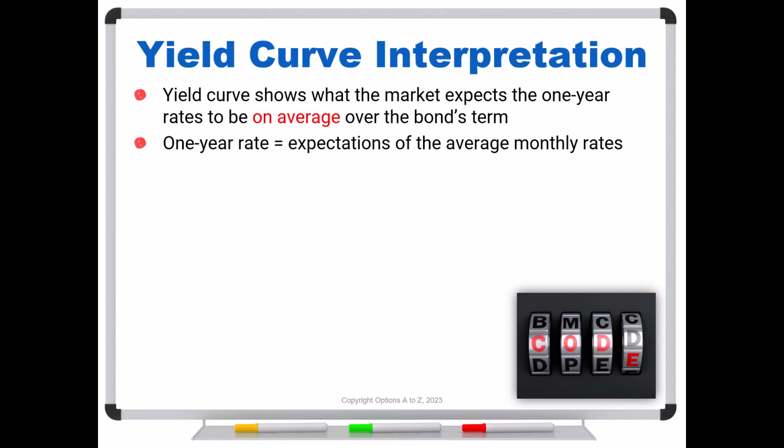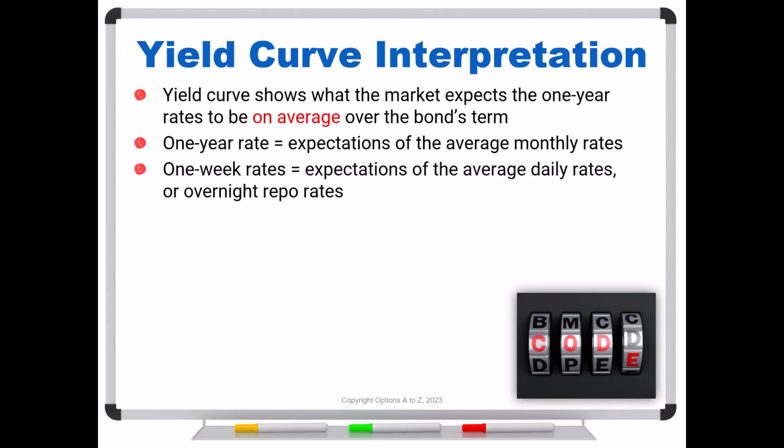So for example, if we see the 1 year rate, those are the expectations of the average monthly rates over that year. If we are looking at a 1 week rate, those are the expectations of the average daily rates, or what are called the overnight repo rates. What are the expected averages per day for that week?